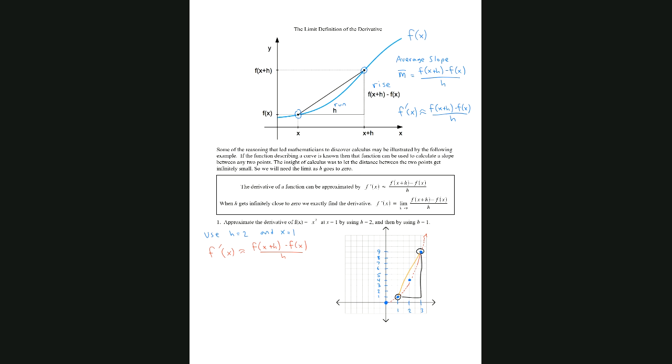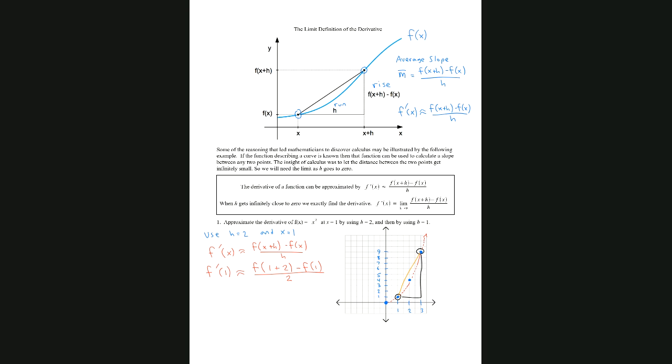So we'll be finding f prime of 1, but it's only an estimate now. f prime of 1 is approximately f of 1 plus 2 minus f of 1, and then we'll divide that by the h of 2.